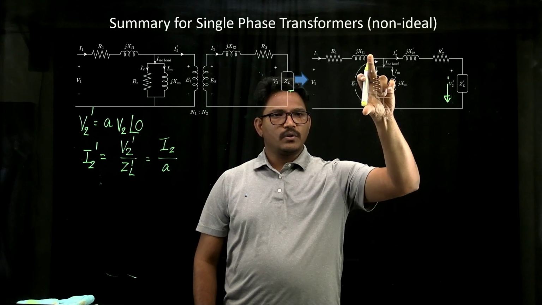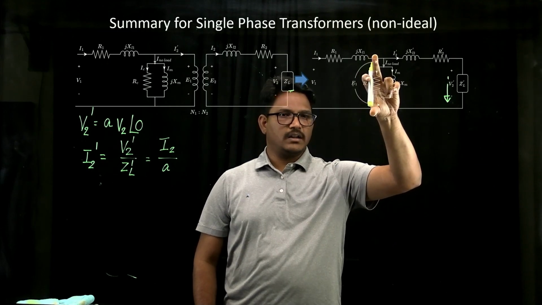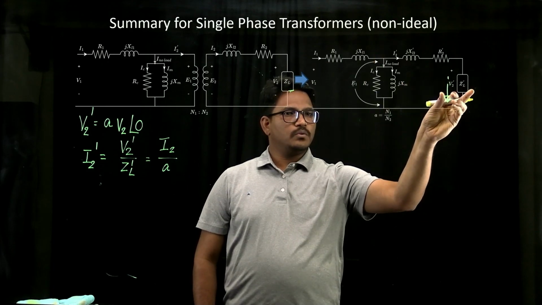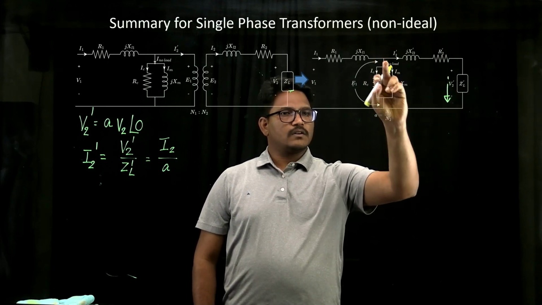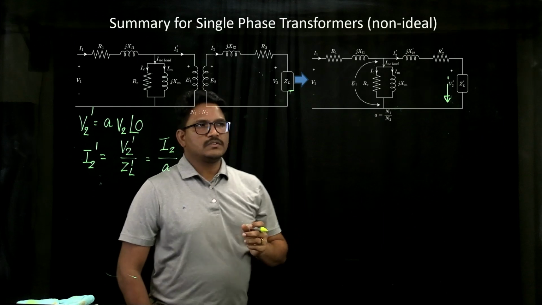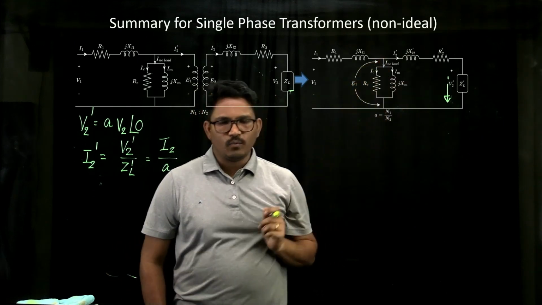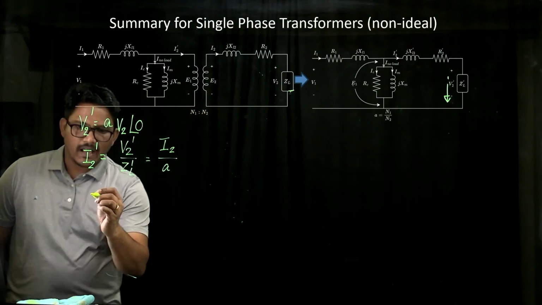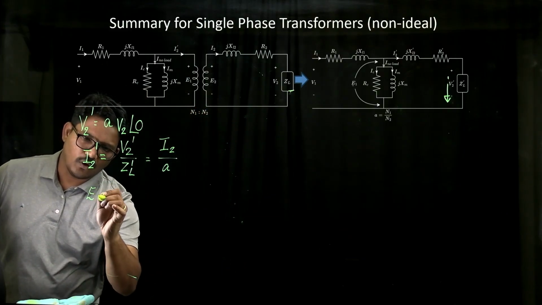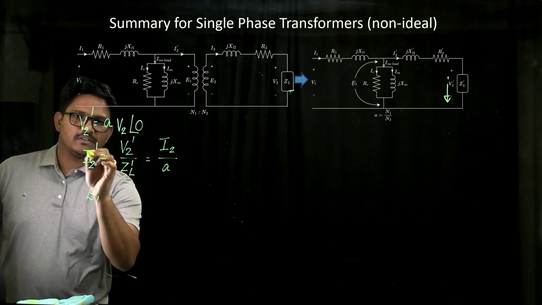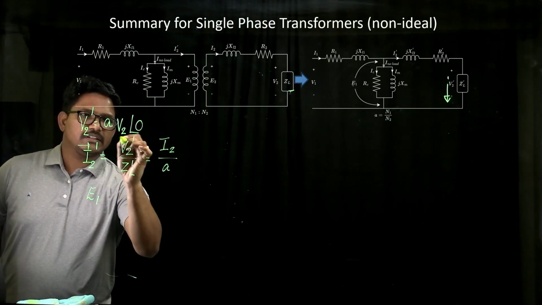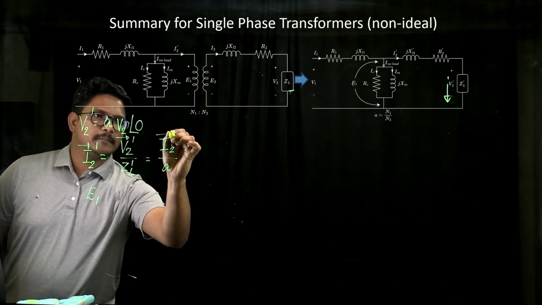Then you will be able to get the voltage at this particular point as the sum of V2 dash plus the drop across this R and L. This voltage at this point we are also calling E1, so I can write down my value of E1. If you would like, you can call all these values vectors.